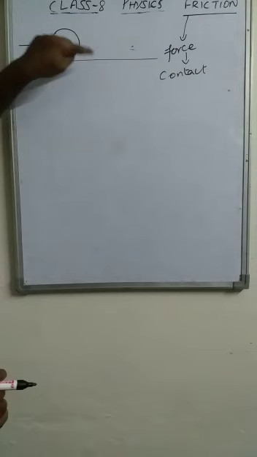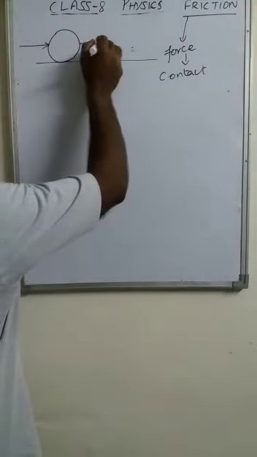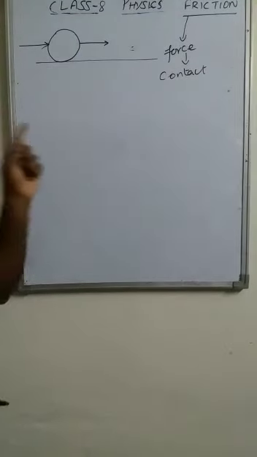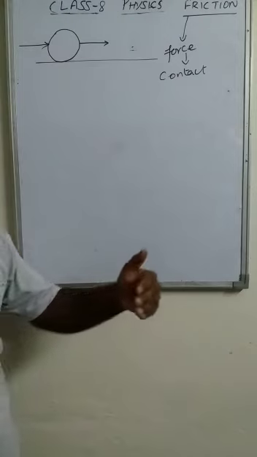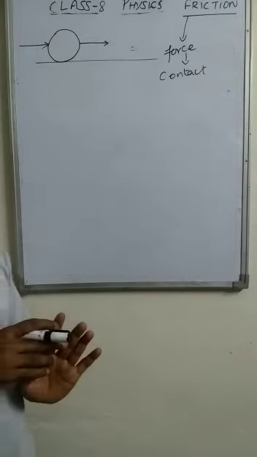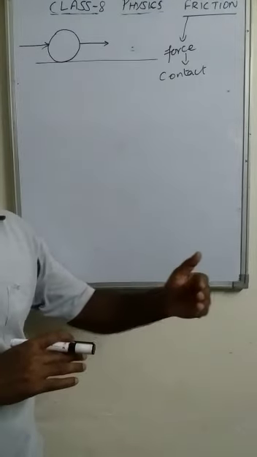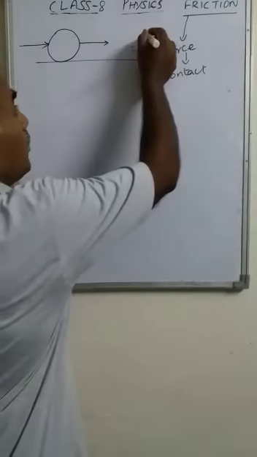It is in contact with the ground, and its direction of motion is here. When you see the rolling motion of this ball, you find the speed of the ball continuously decreases. But no one is touching it. Still the speed continuously decreases. Finally it comes to rest. Finally the ball is stopped.